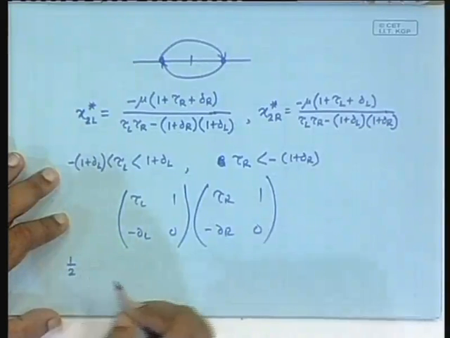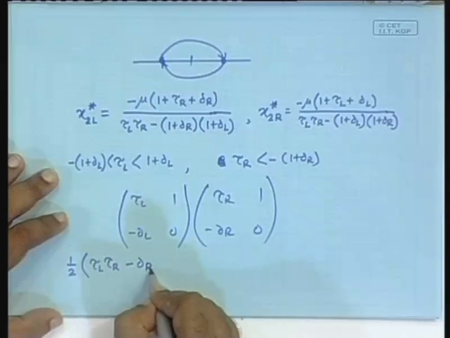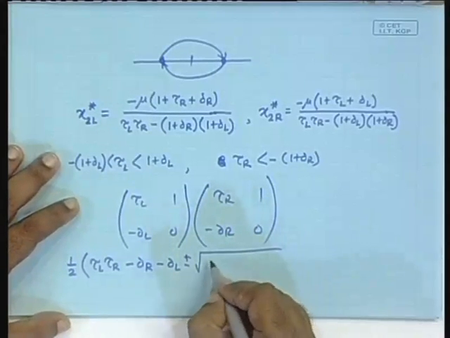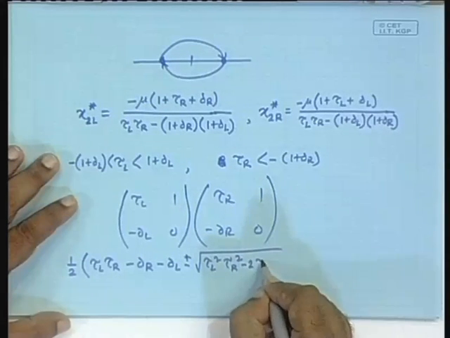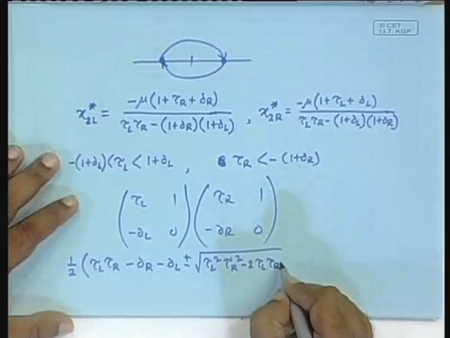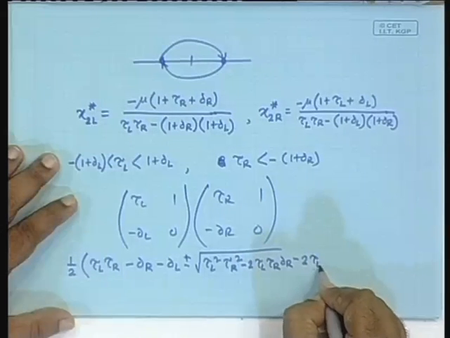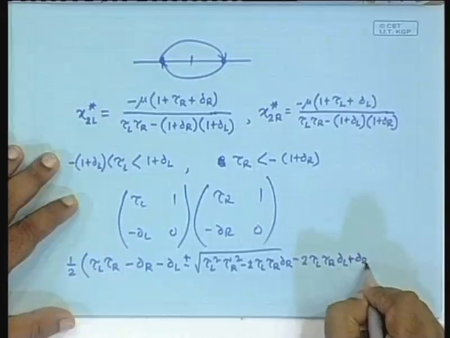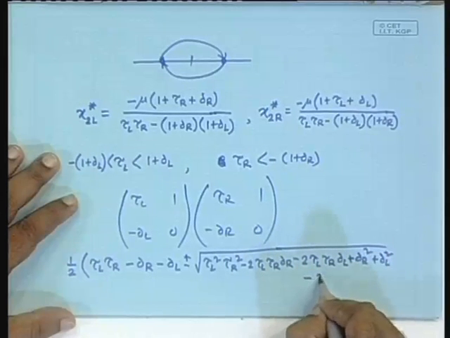The eigenvalues of the second iterate are half tau L tau R minus delta R minus delta L plus minus root over tau L square tau R square minus twice tau L tau R delta R minus twice tau L tau R delta L plus delta R square plus delta L square minus twice.